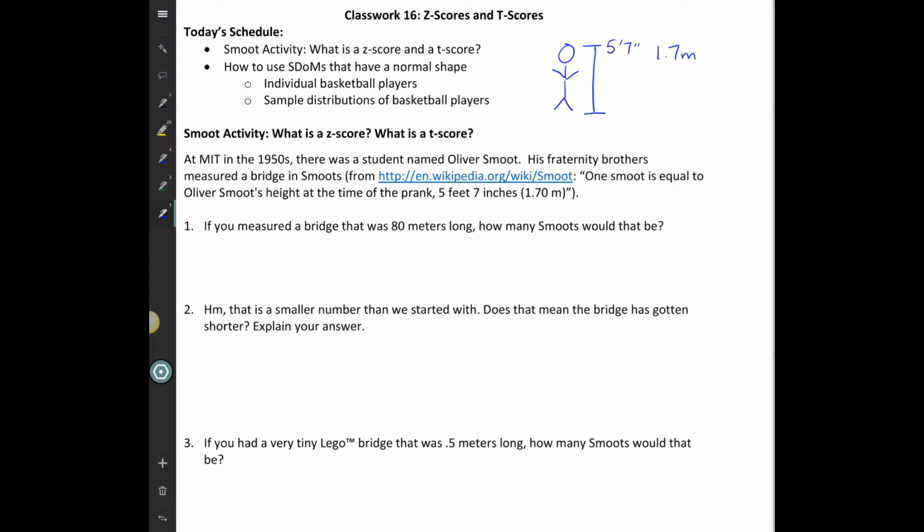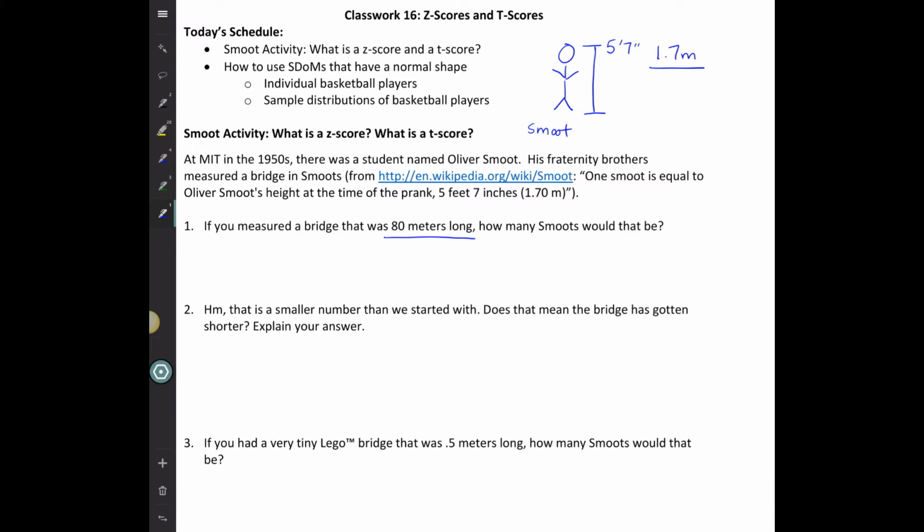We have this new way of measuring where it's 5 feet 7 inches long. That's how tall this Oliver Smoot was. So if we measured a bridge that was 80 meters long, so we're going to go with the meters here, how many smoots would that be?